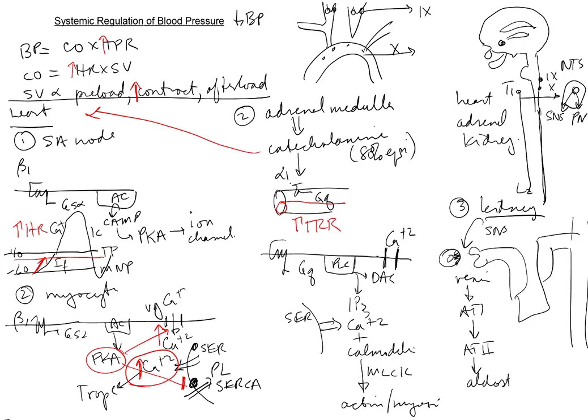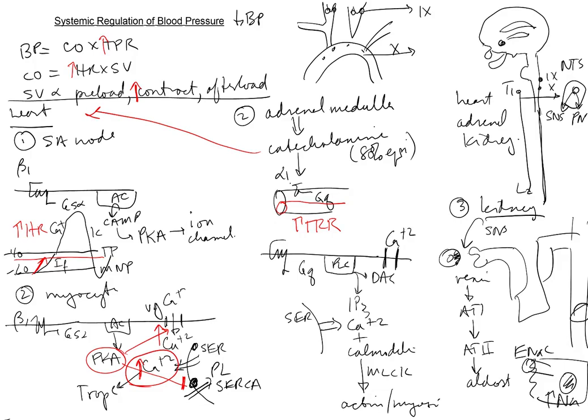Aldosterone is going to go to the principal cell of the collecting tubule. It's going to go into the nucleus itself, and it's going to increase the epithelial sodium channel to increase sodium.